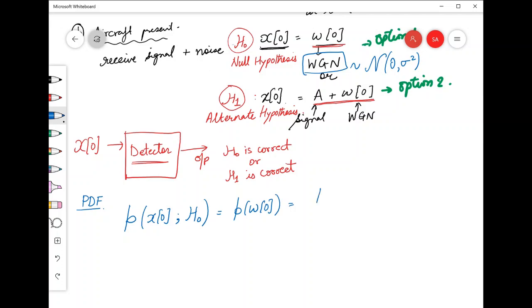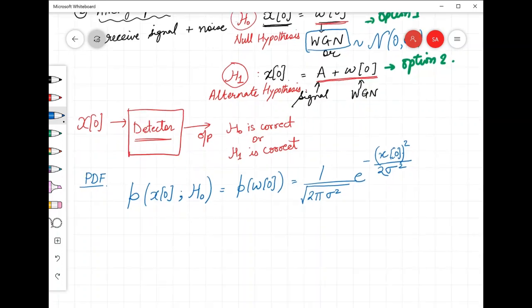I can write this PDF as 1 over square root of 2 pi sigma square, e to the power minus x0 square divided by 2 sigma square. Here x0 and w0 are one and the same thing.